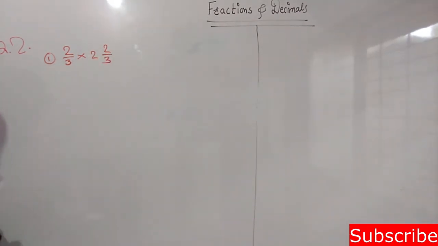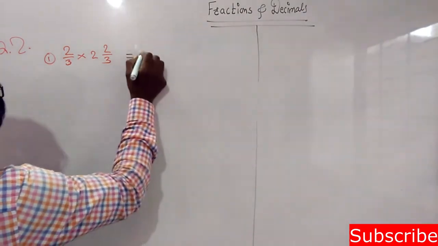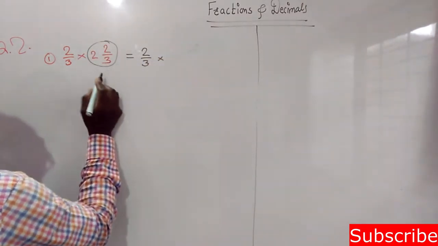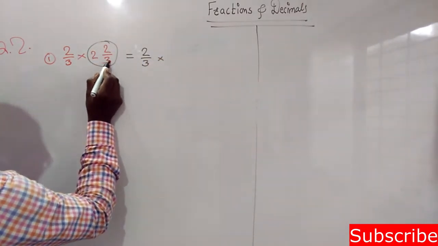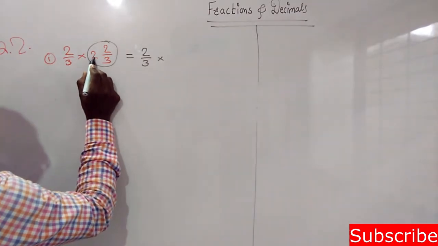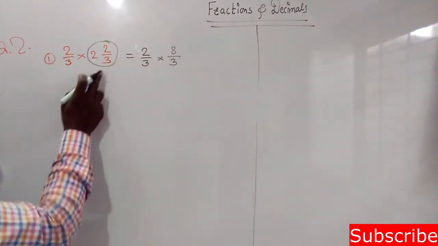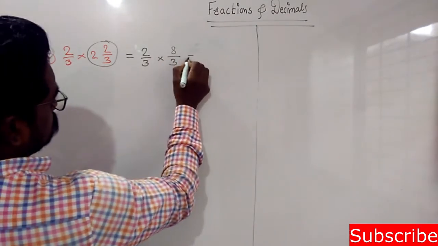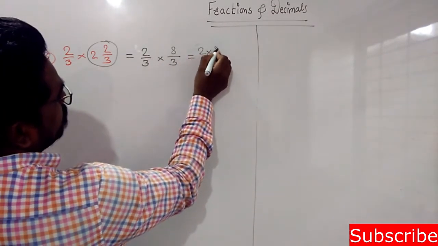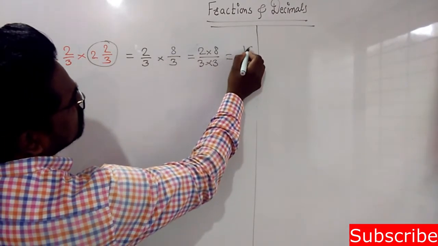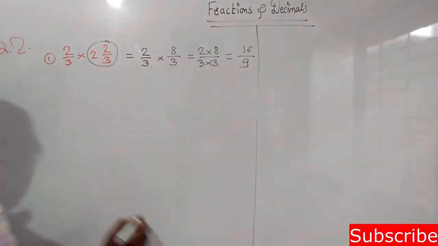How can we solve it? 2 by 3 will be as it is. Now 2 whole and 2 by 3: 3 2s are 6, 6 plus 2 is 8, so 8 by 3. It is equal to 2 into 8 divided by 3 into 3, and 2 8s are 16 divided by 3 3s are 9.